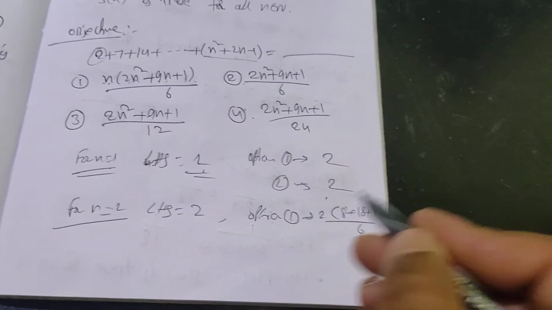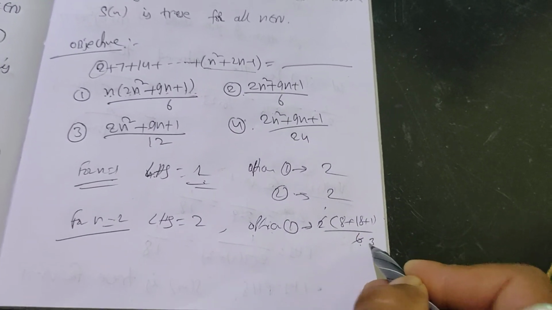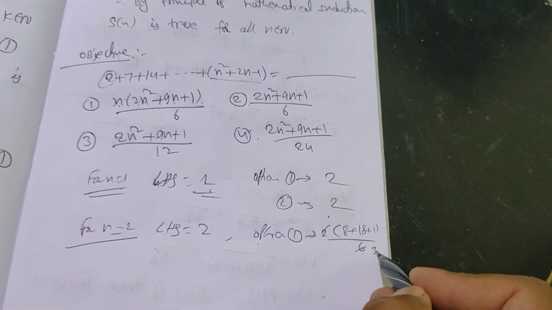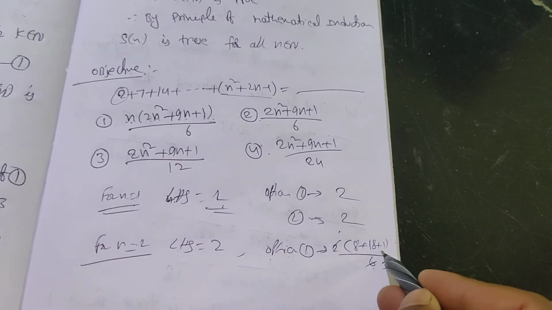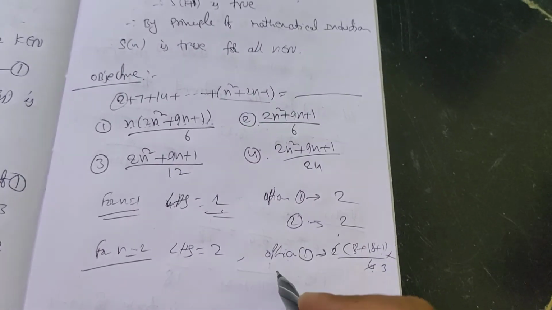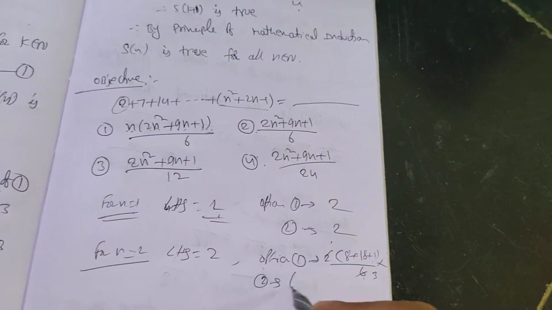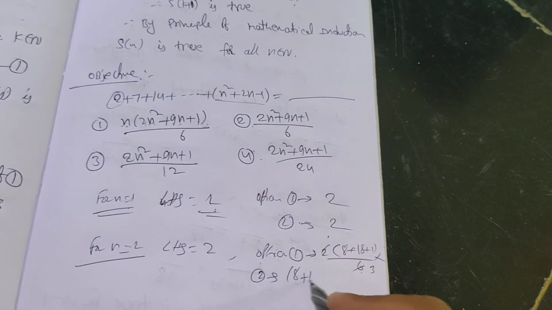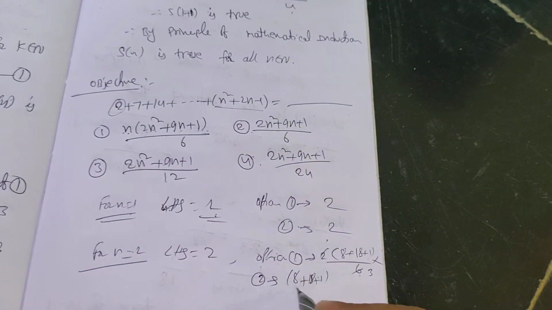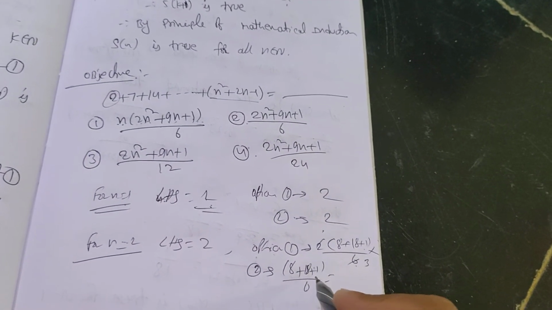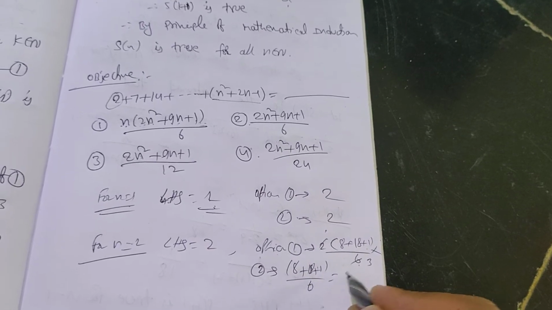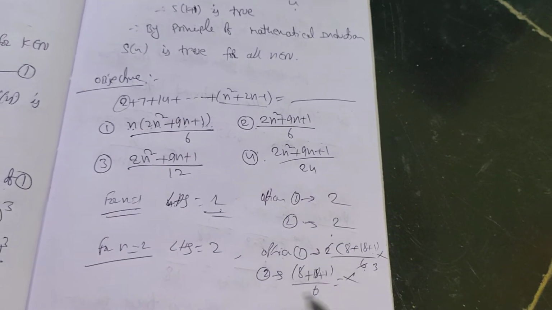See here, this 6 goes into 27... 9 threes are 27. So this is not the correct answer. So go for option 2. What is it? 8 plus 18 plus 1 by 6, so that is 27 by 6. 27 by 6 is not equal to 2. So this is also not correct.